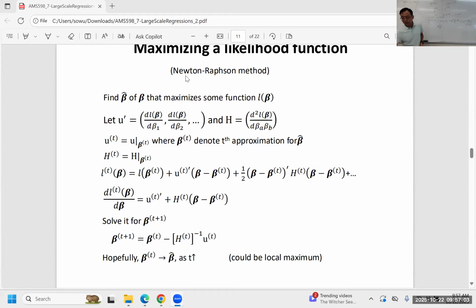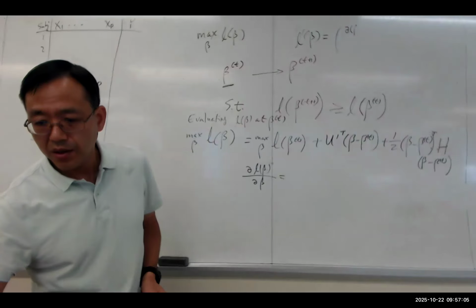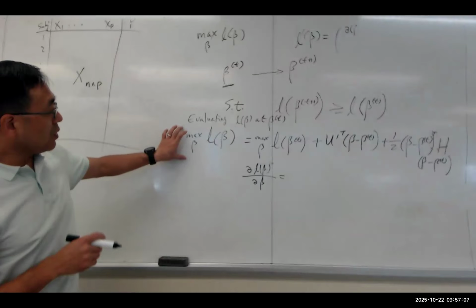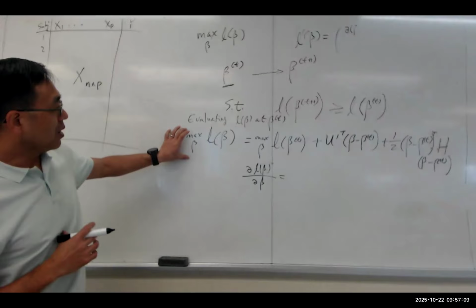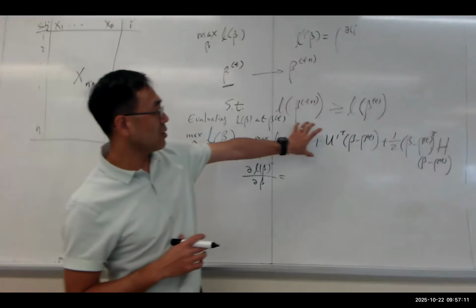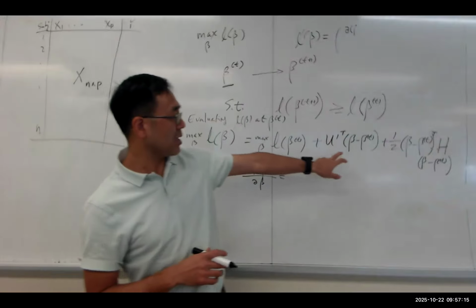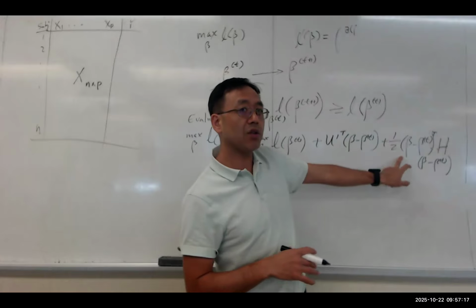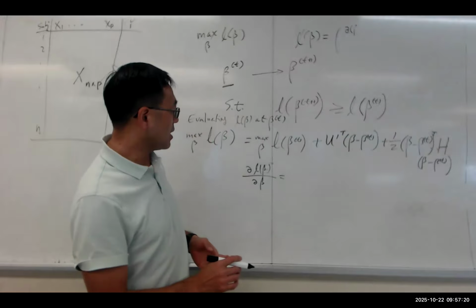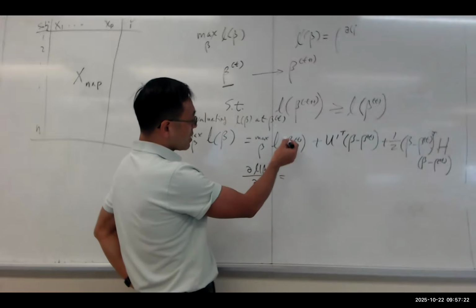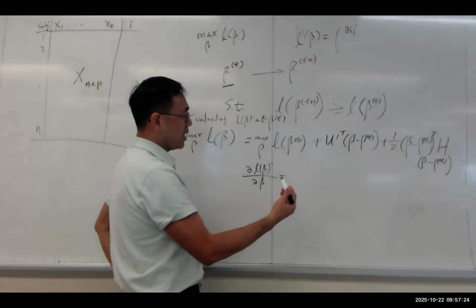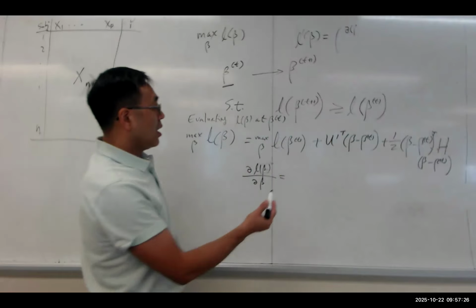Remember, you have a beta term here and a beta here, so you need to maximize over beta. On the right hand side, L beta t is a constant term, it doesn't have beta, so it goes away.